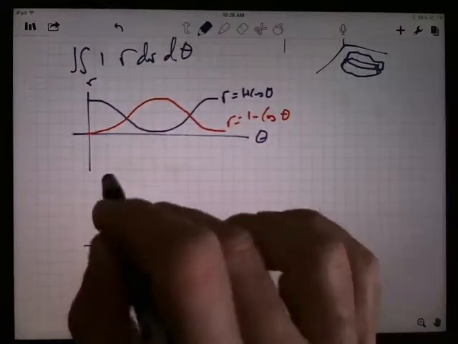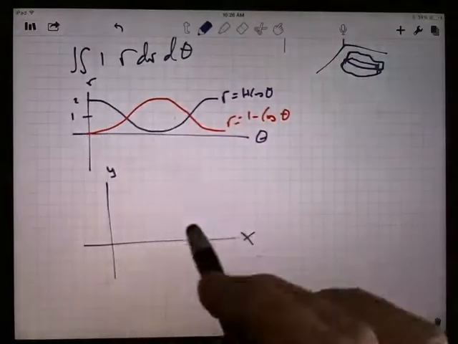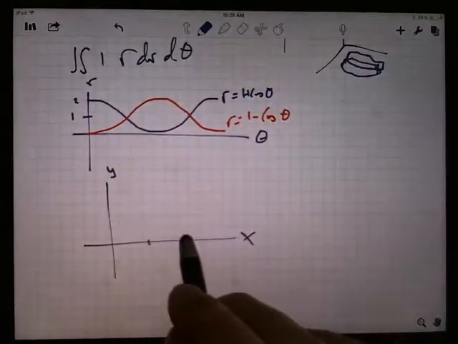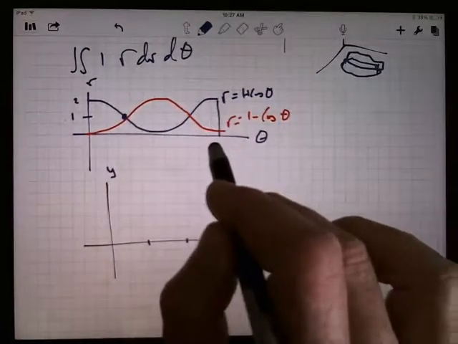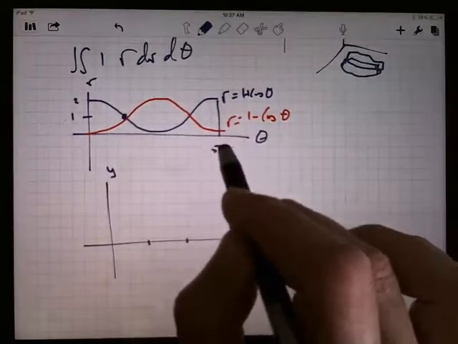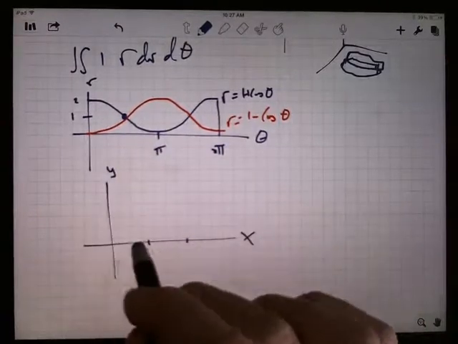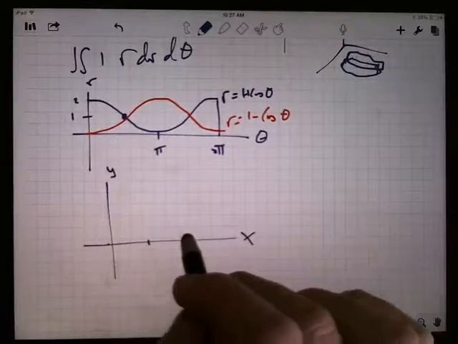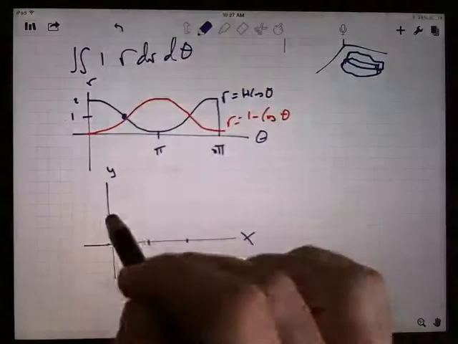So now I'm in the xy plane, and I can see that the blue curve here starts off out at 2. The cycle here is 2 pi. So this is pi. By the time I'm looking in the direction of pi over 2, it's down to 1.